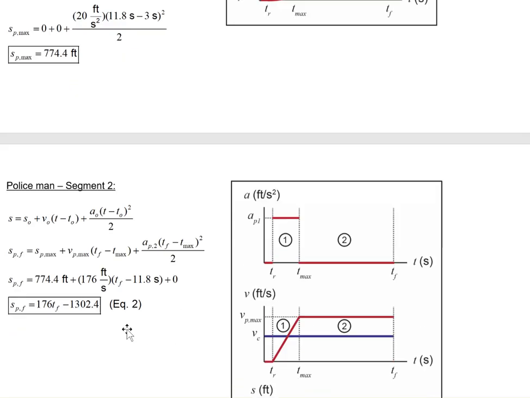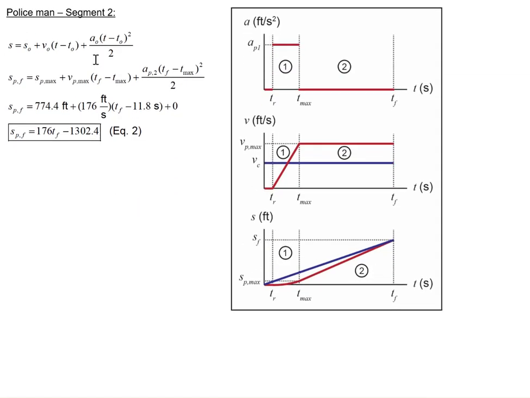All right, then we move on to segment 2, use the same equation. Now our two points are T max and T final. So we plug those in, and we get an equation for the position of the police car. Note that the initial position is the position that we calculated above, the 774.4 feet.